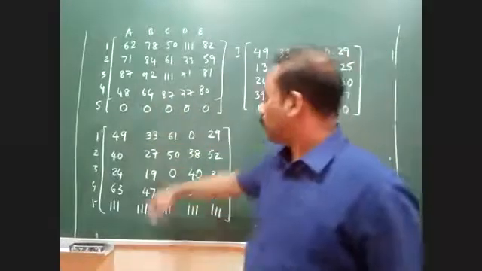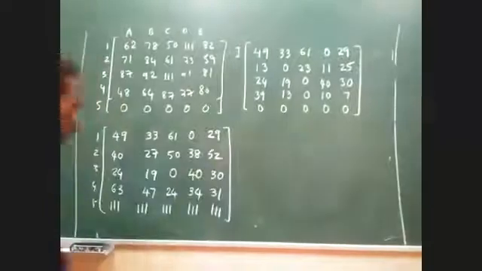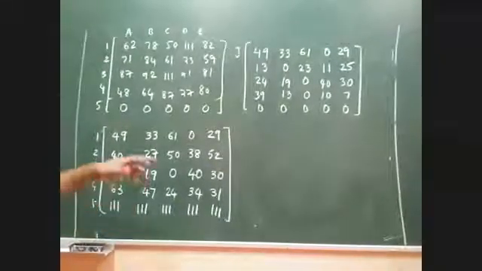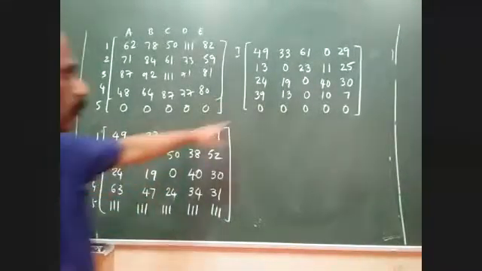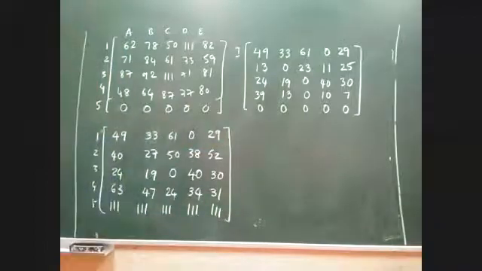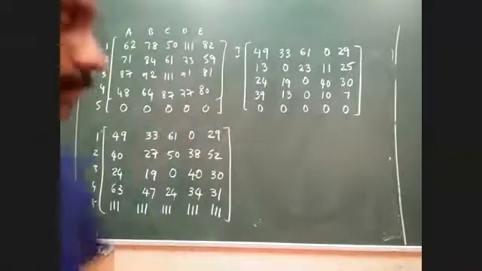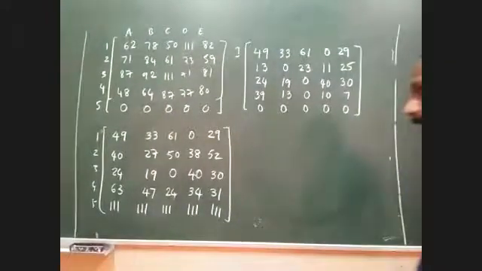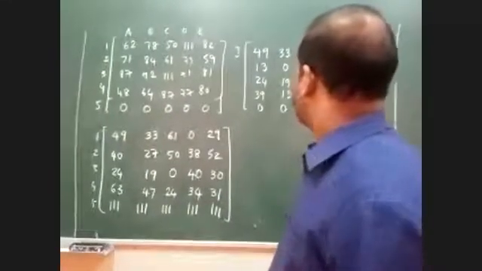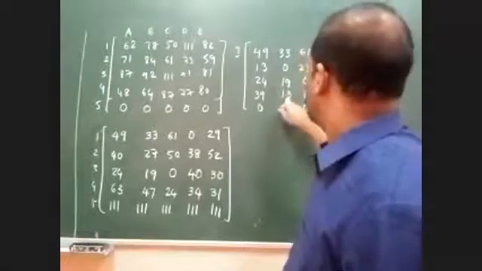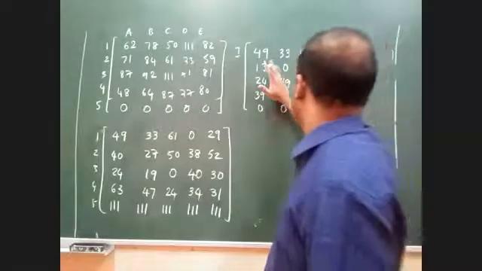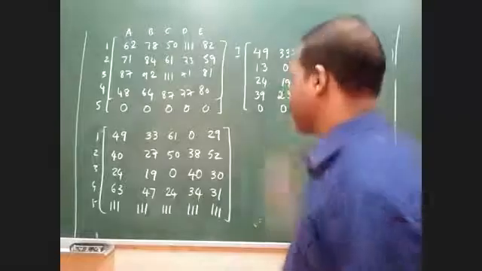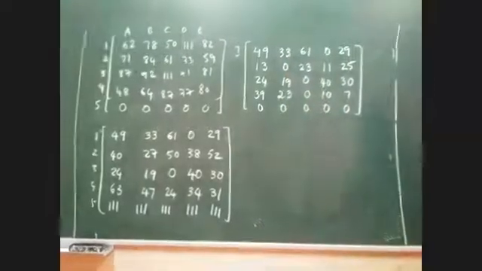Sir, in the row subtraction table, fourth row, second value. Next to 39, sir, it's 23. Is it fine now? Yeah.